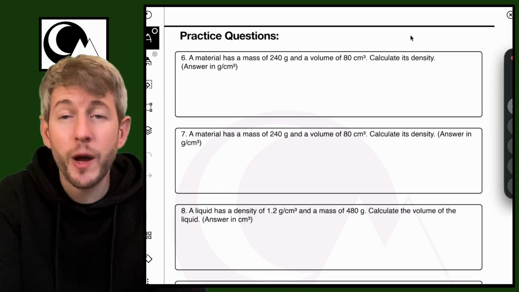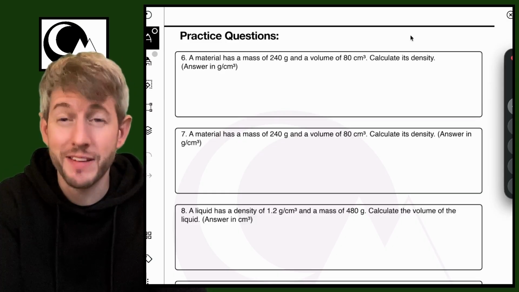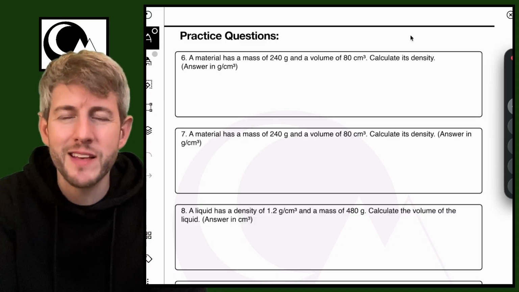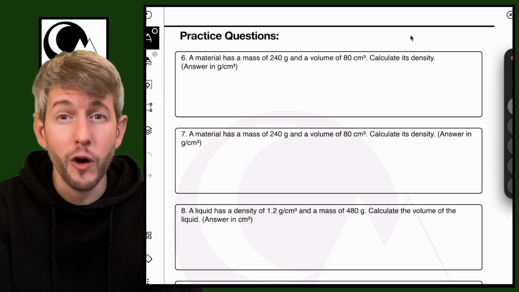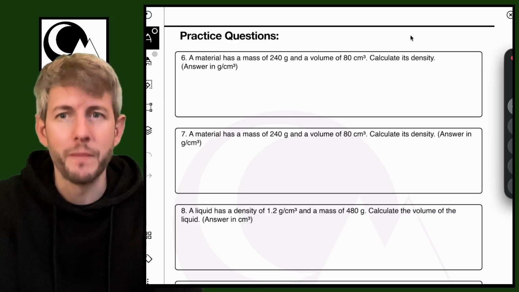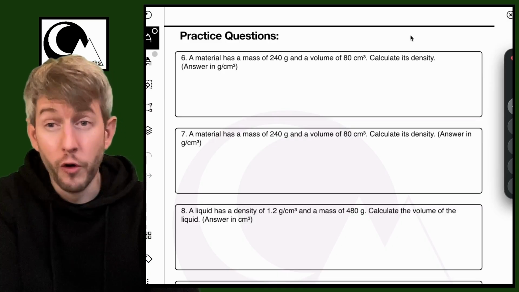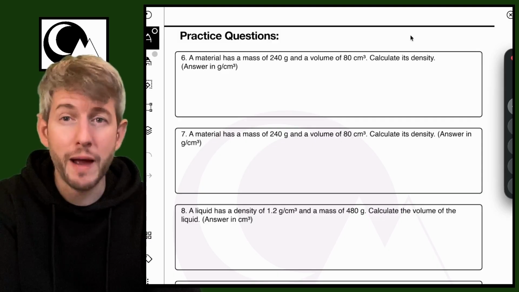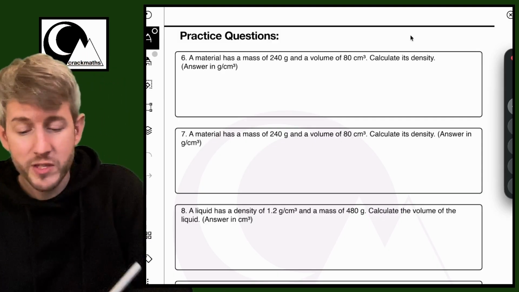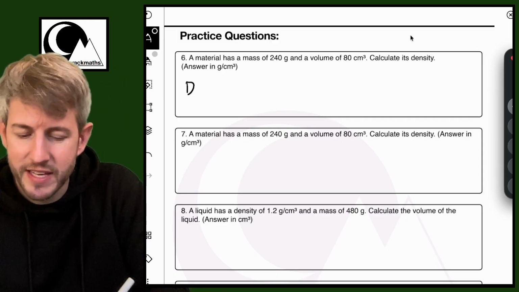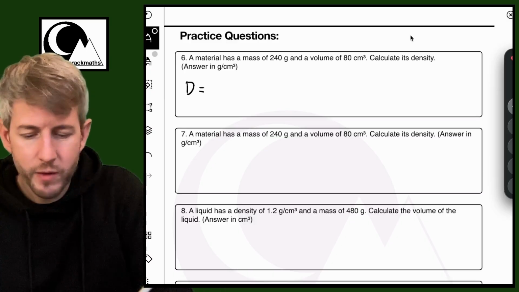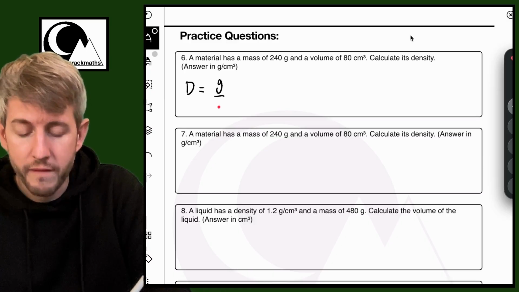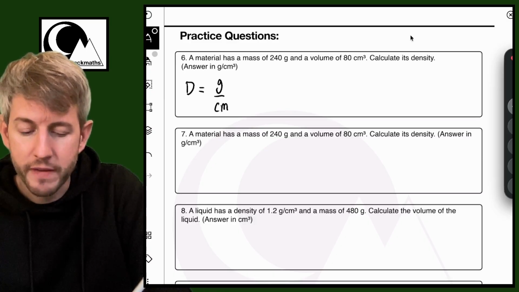Okay, right, let's have a look here at practice question number 6. So this time we're now moving on to mass and density. It says a material has a mass of 240 grams and a volume of 80 centimetres cubed. Calculate its density in grams per centimetre cubed. So what this means is that the density, I'll call it D, is equal to the grams over the centimetres cubed.